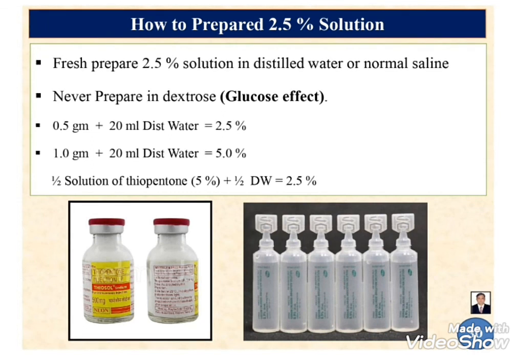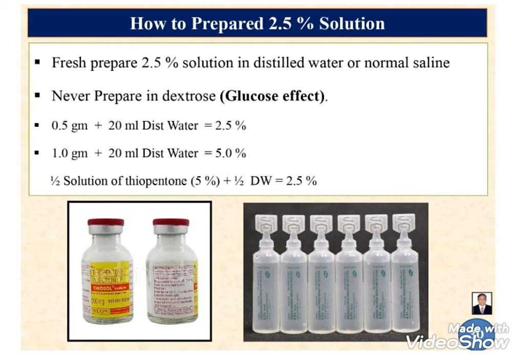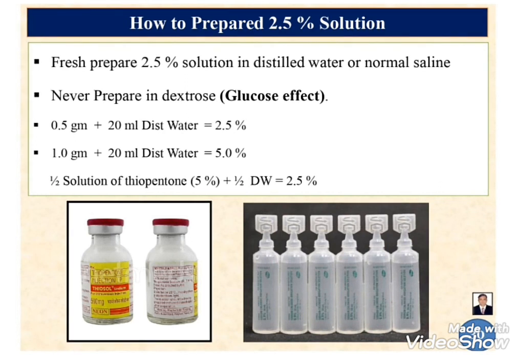Never prepare them in dextrose solutions because it produces a glucose effect, meaning it can re-anesthetize the patient. So always add distilled water or normal saline, but don't add dextrose. In our OT generally NS is available, and no DNS, no dextrose is allowed inside the OT.